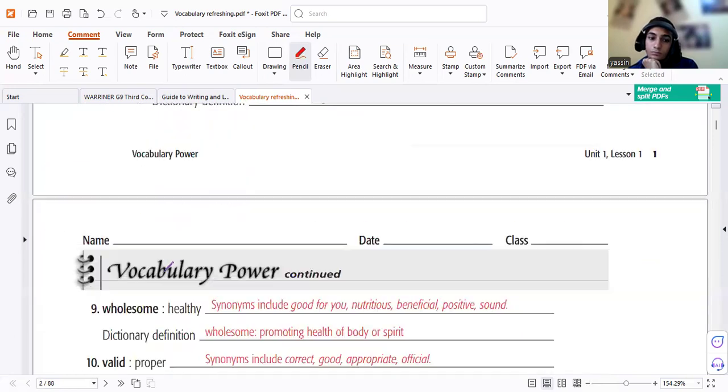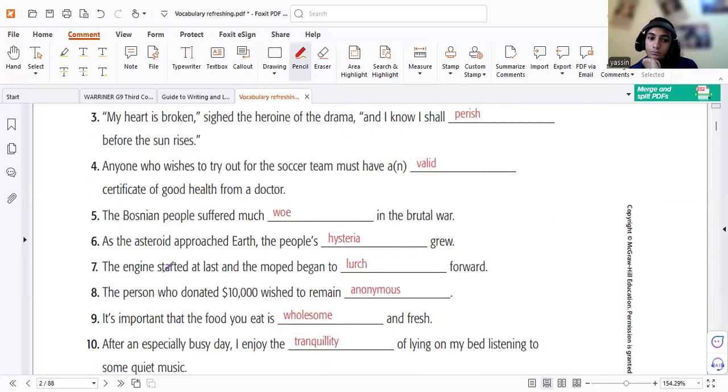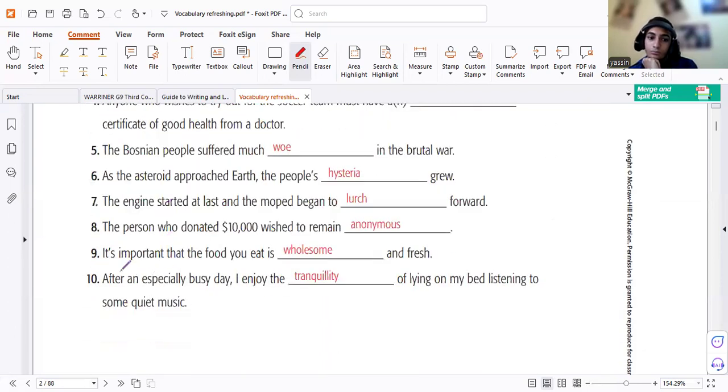And later, we will find some techniques to help you in the sentence itself. For example, after an especially busy day, I enjoy lying on my bed and listening to some quiet music. What is my mood?